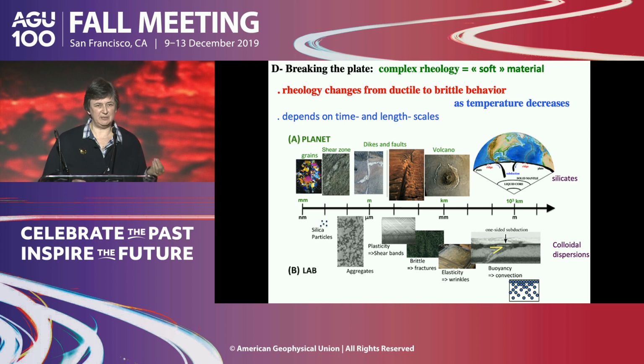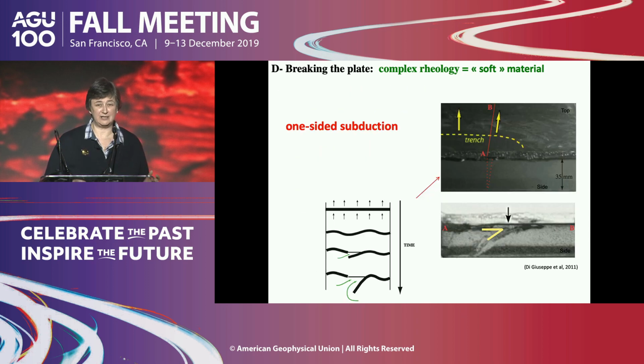So it is possible to find analog fluids in the lab, colloidal dispersions. Now if you run experiments, you get a plate on the surface, but this plate can break because of the brittleness of your material. And so you can get one-sided subduction with only one plate going under its neighbor.